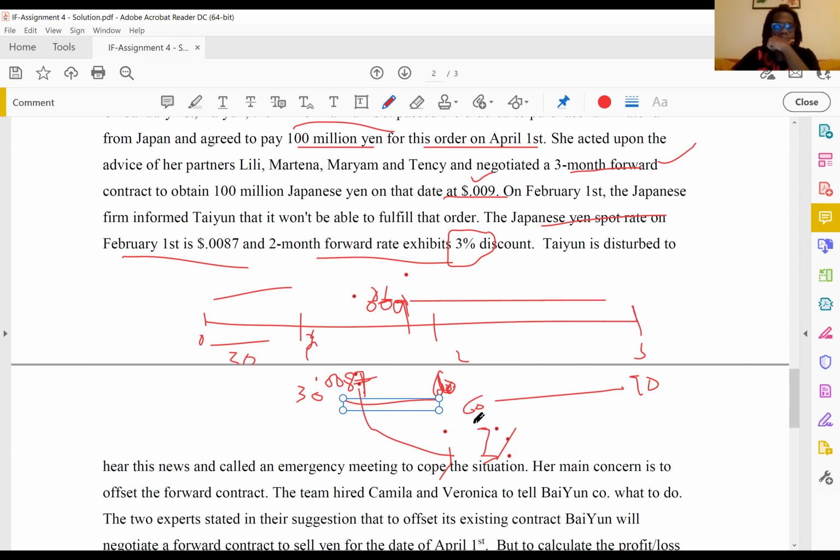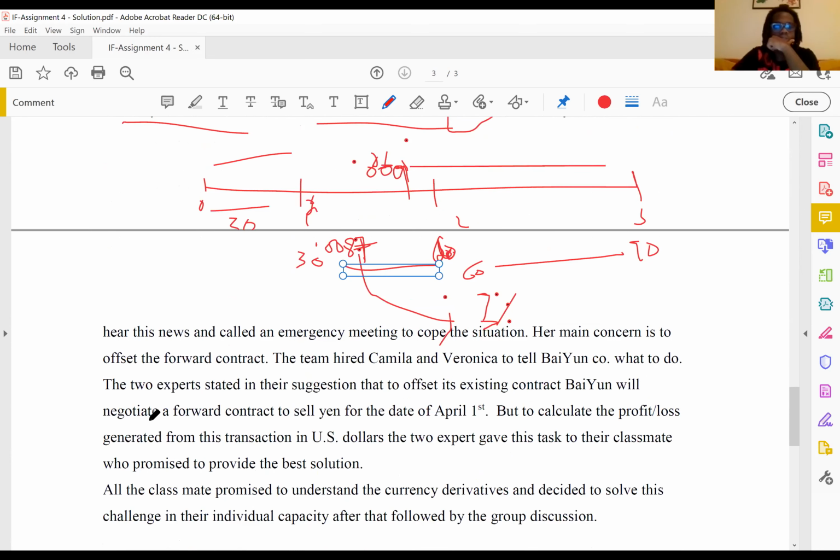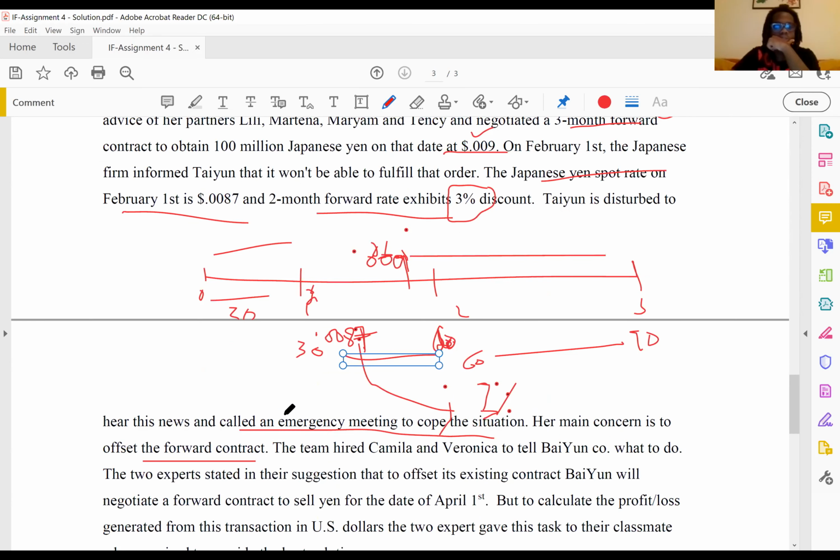Okay, Taiyun is disturbed to hear the news because company canceled the order. So they called for emergency meeting to cope the situation. So her main concern is to offset the contract. How you offset? Original contract was to pay, which means you will buy and then you will pay to the Japanese seller. And now at the end of expiration, you purchasing.